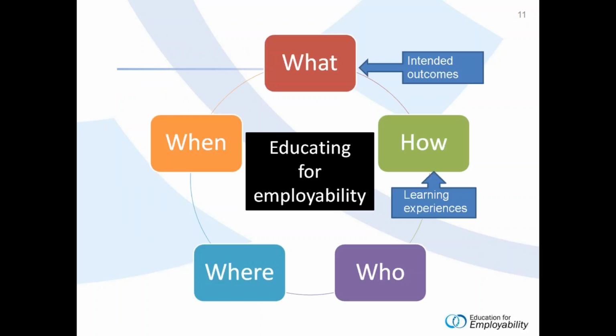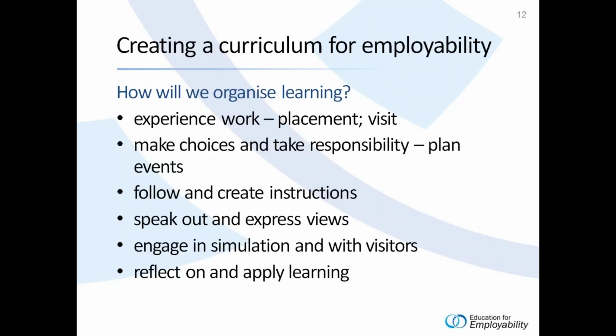The next is how. We have studied what, next is how we are achieving this, that is learning experiences. So creating a curriculum for the employability, how we organize the learning, what are the various outcomes, or how it is done. First is experience work, that is placement and visit.